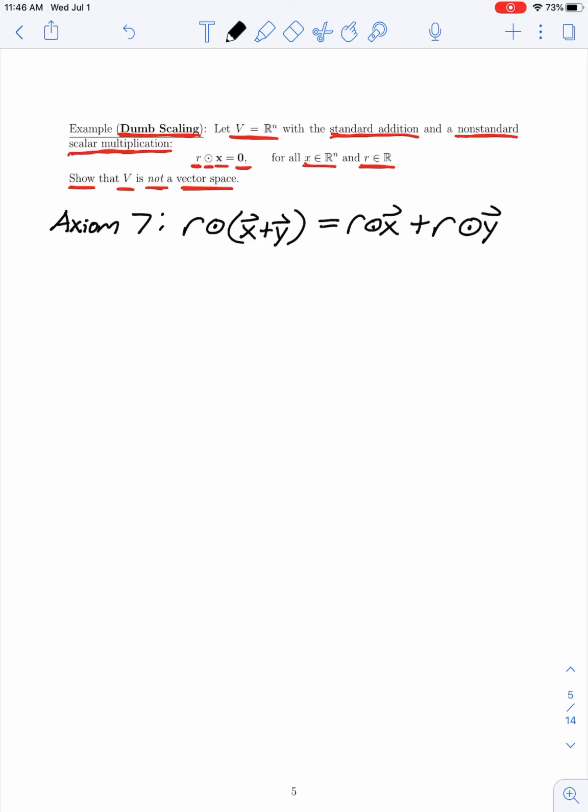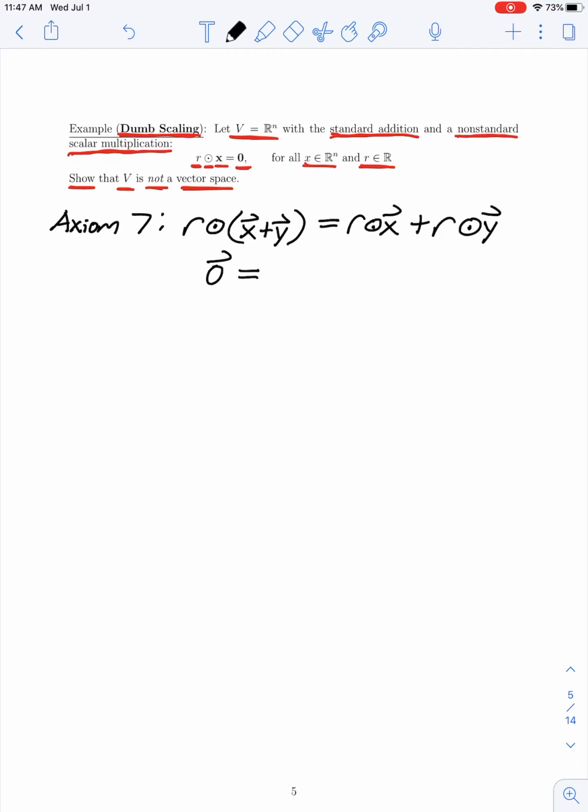So we want to know, is this true? Now, based on the definition of this non-standard product, on our left-hand side, no matter what r and x and y are, this scalar product is defined to be the zero vector.